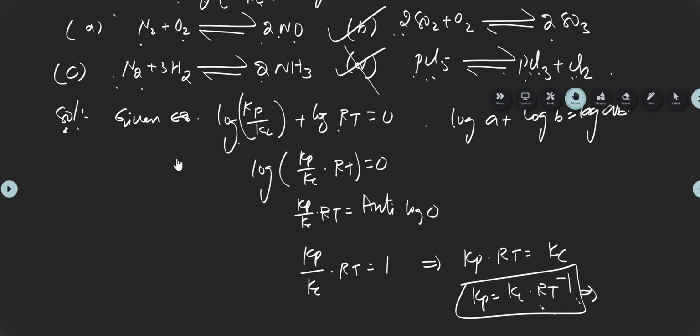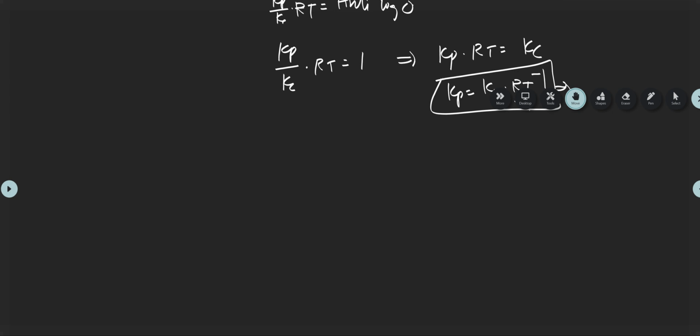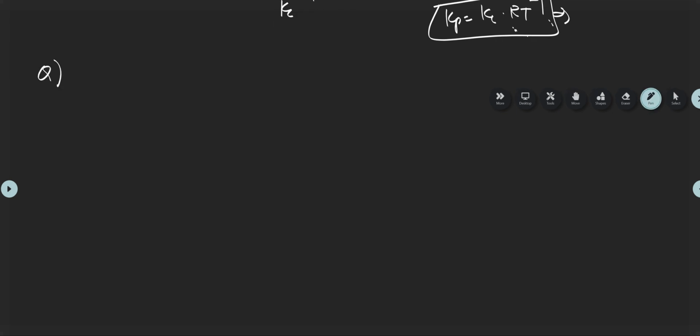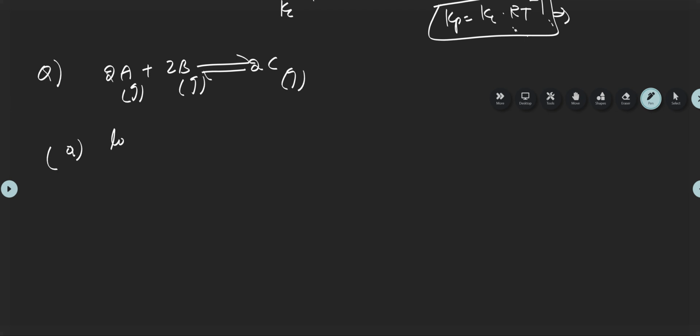So I'll give one question for homework. 2A plus 2B gives rise to 2C, all in gas state. Options are: option A, log Kp by Kx plus 3 log 1 by P is equal to 0.